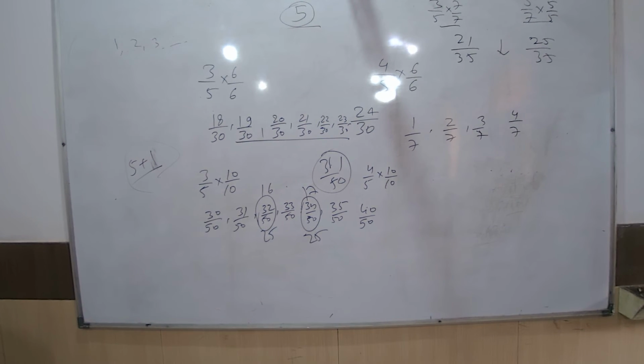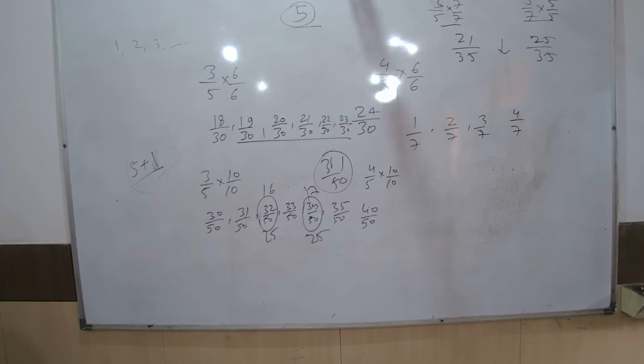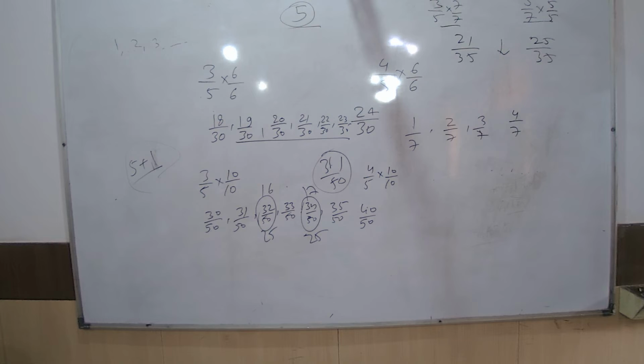You are answering correct, but your reason is not correct. I'm repeating, every integer is a whole number. True or false? Why? Anyone?